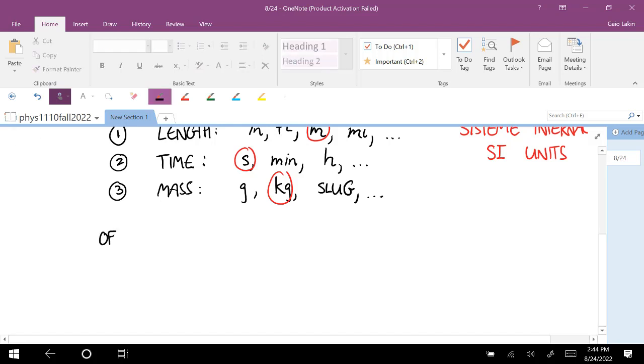So often we'll want to convert a measurement to a different unit of the same type.